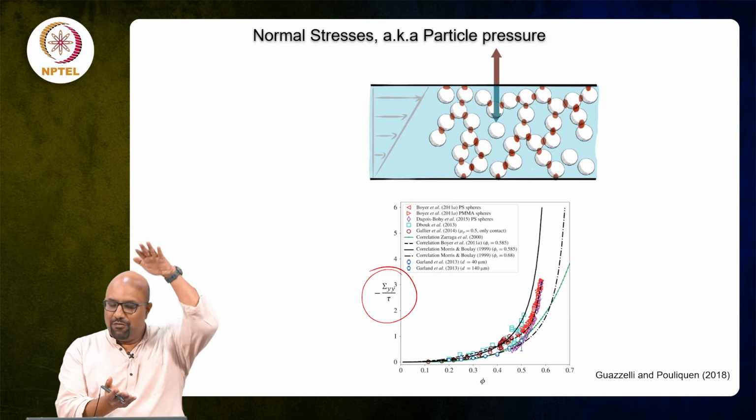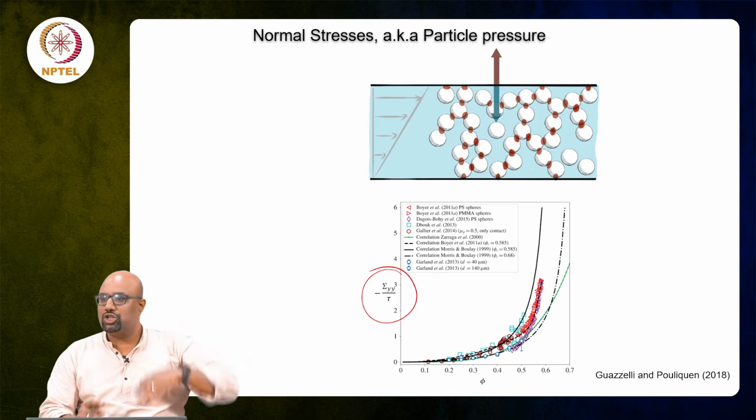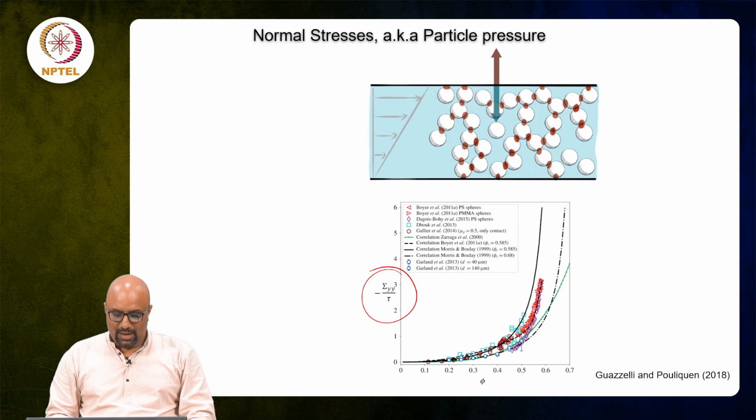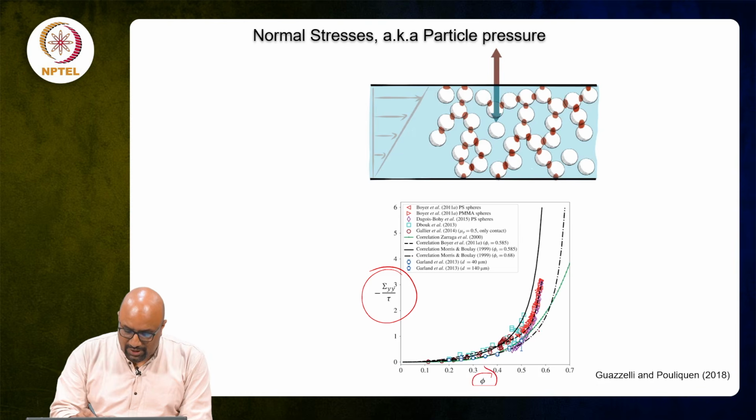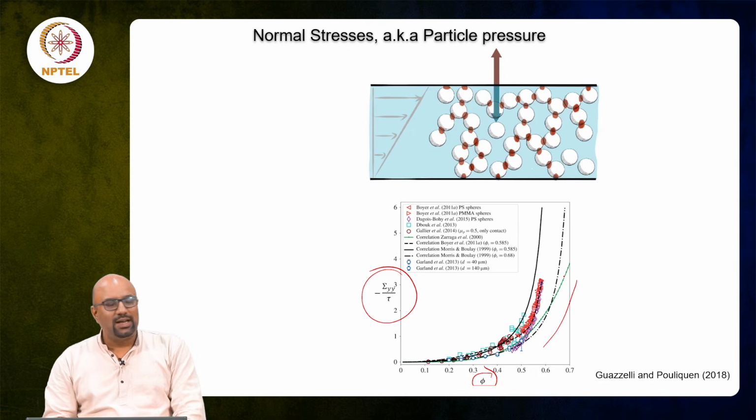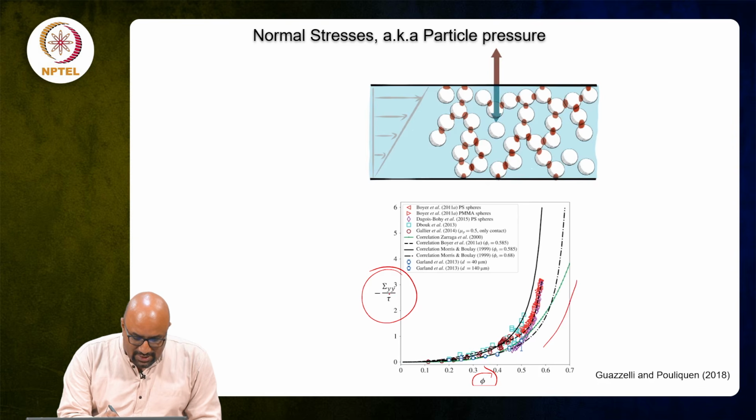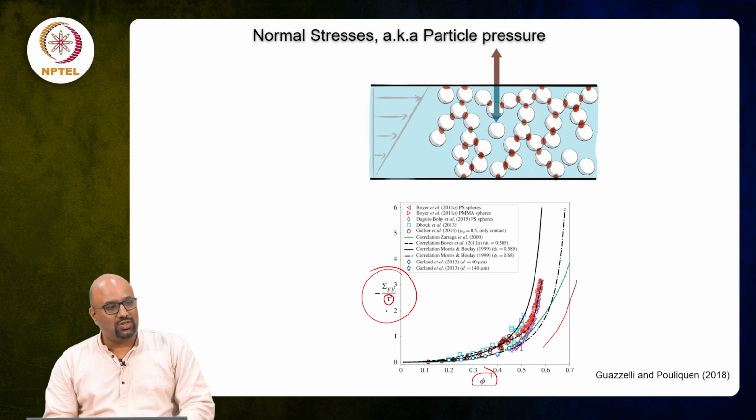There is a force with which it is getting pushed, and you observe with volume fraction the particle stress is increasing. Now, here the particle stress is scaled by the shear stress. Whatever is your tau, you are scaling.